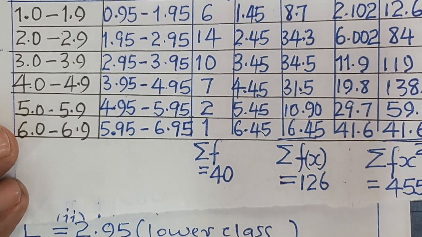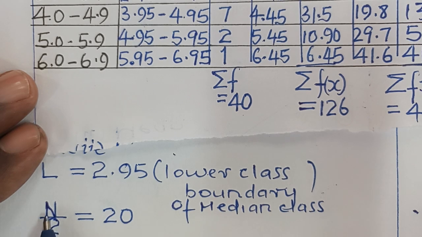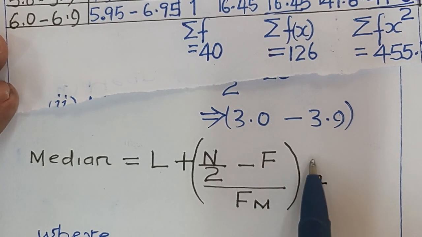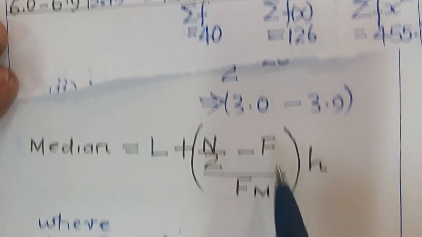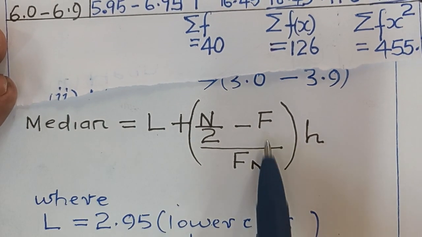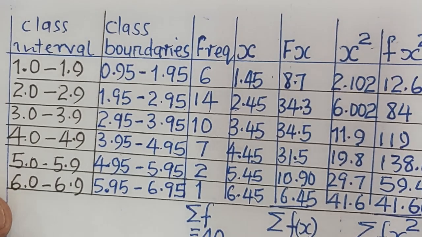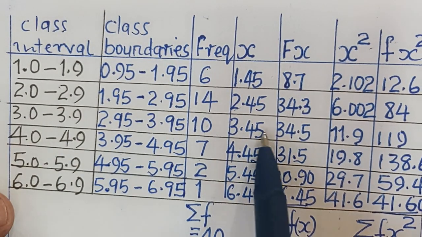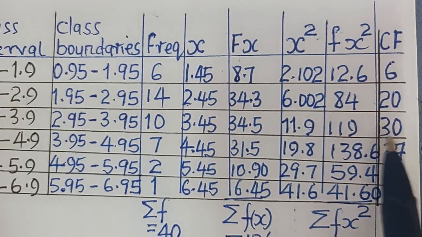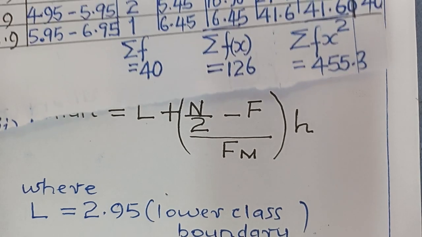Going to n over 2, this is 40 over 2, which gives us 20. Now we are comparing this and checking what n over 2, L and F mean. F is the cumulative frequency before the median class. This is our median class, so the cumulative frequency before that class is actually 20, and that is where we are getting our 20.